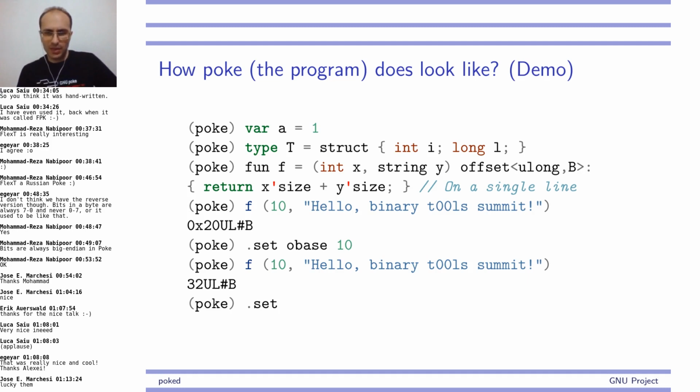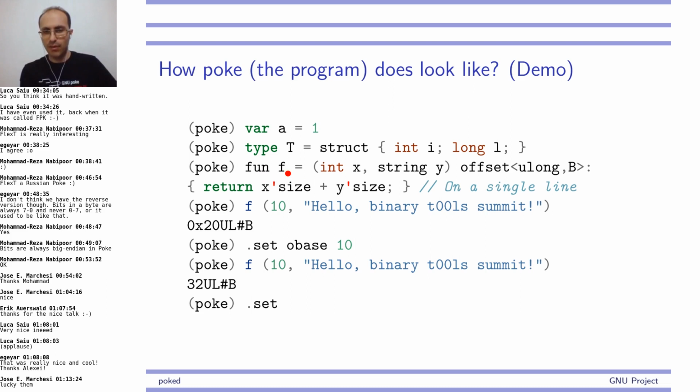This is a demo. I think I don't need to open the poke application itself and do a live demo, because this slide is pretty readable. First, I declared a variable of type integer with value 1. Here we have a type T, which is a structure consisting of two fields, one 32-bit signed integer followed by a 64-bit signed integer, with no padding or anything.